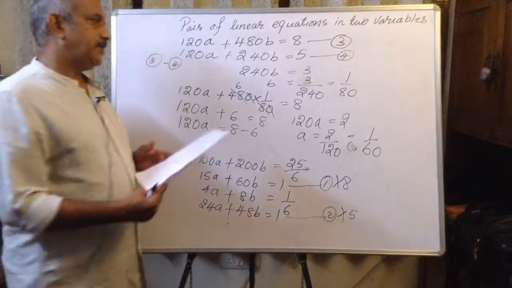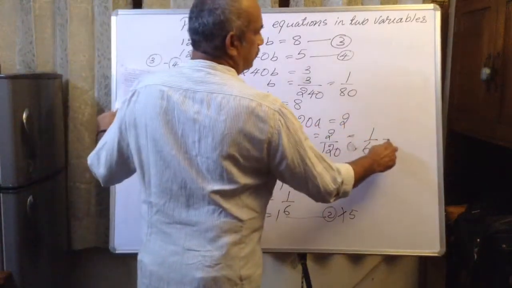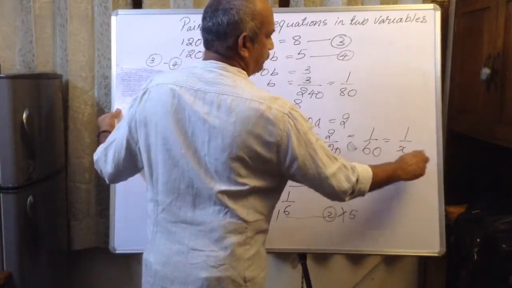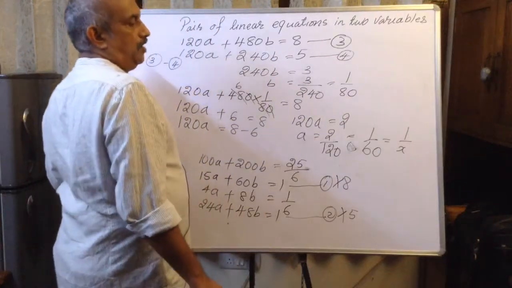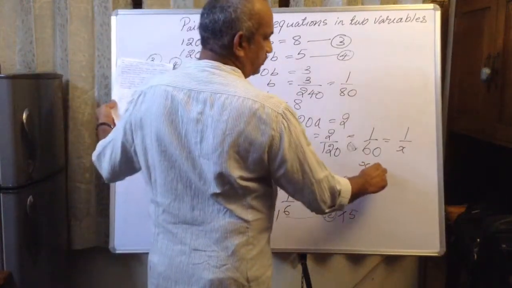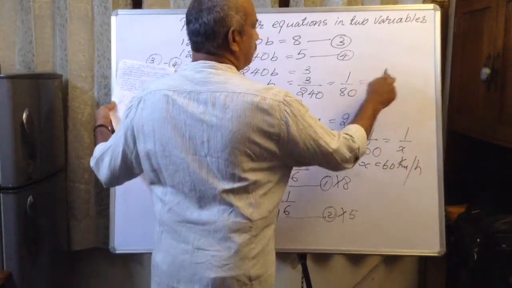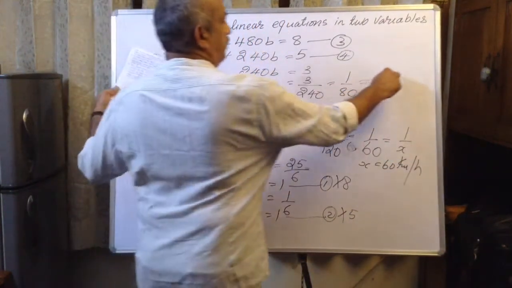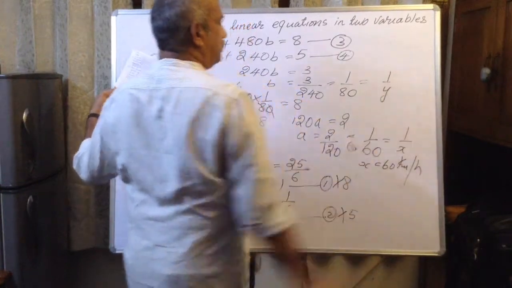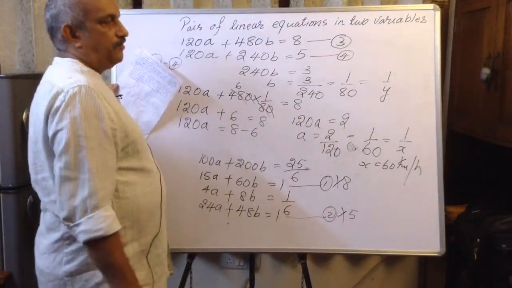Now substitute back what we assumed. a is equal to 1 upon x. So what is the value of x? x is equal to 60 km per hour. And b is equal to 1 upon y, as we assumed.